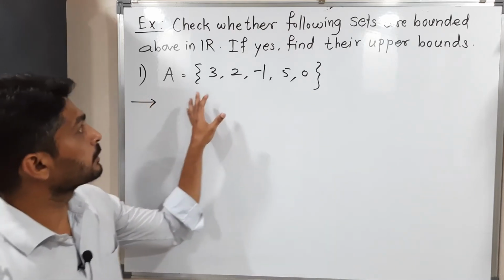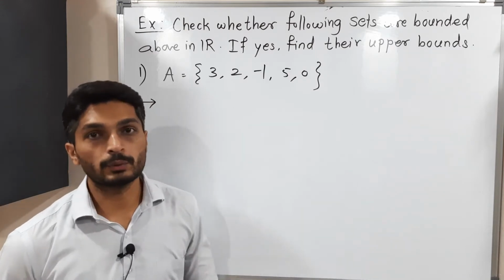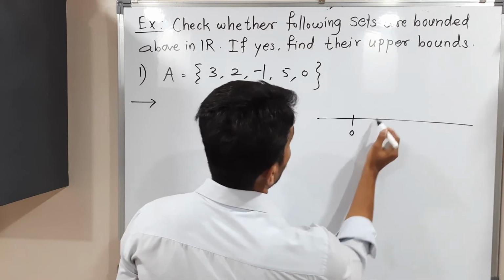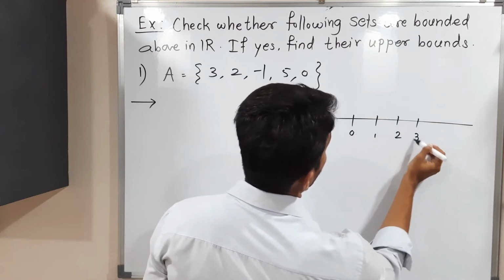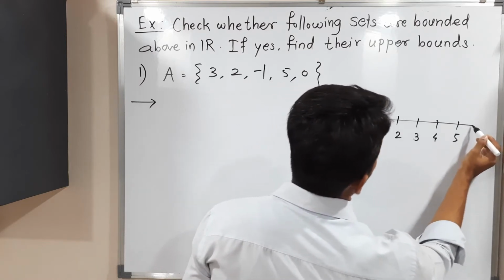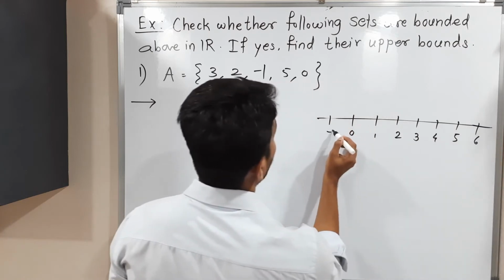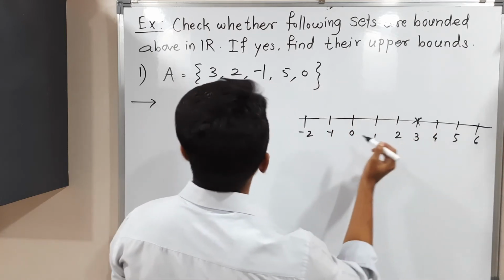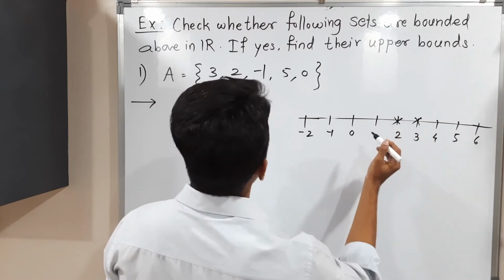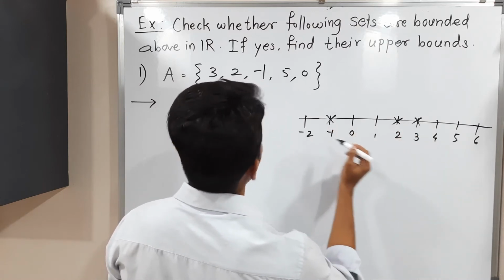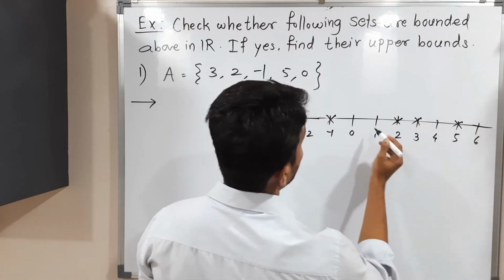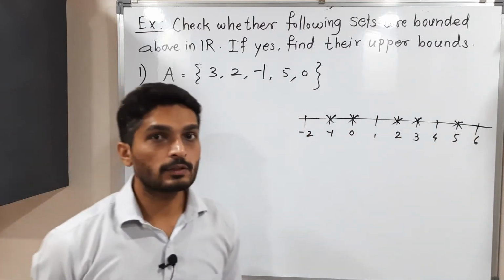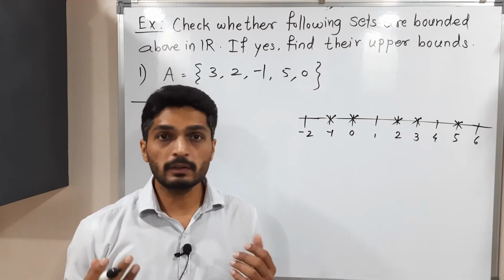Set A is equal to {3, 2, minus 1, 5, 0}. It has only 5 elements. I will show you here. See, 0, 1, 2, 3, 4, 5, 6, minus 1, minus 2. First element is 3, second is 2, next is minus 1, next is 5 and next is 0. All these elements are less than or equal to 5, or less than or equal to 6 also, even.